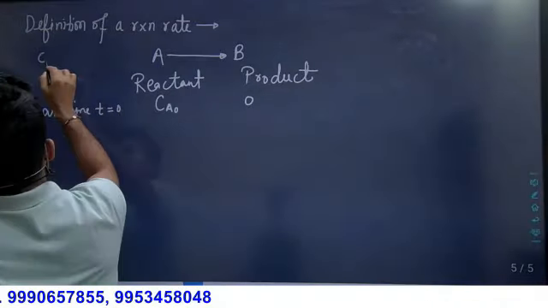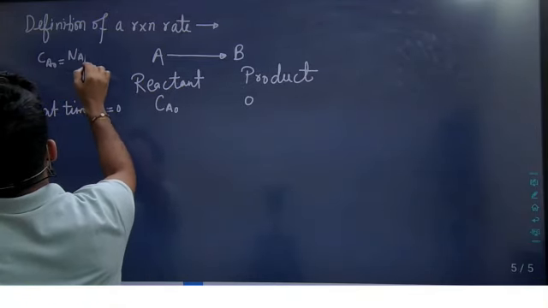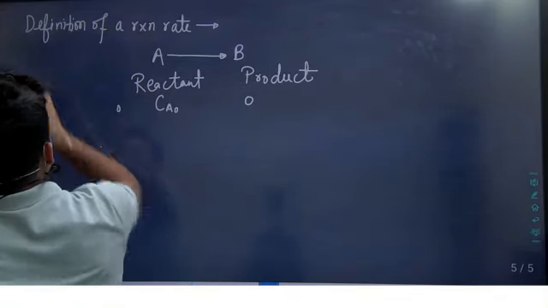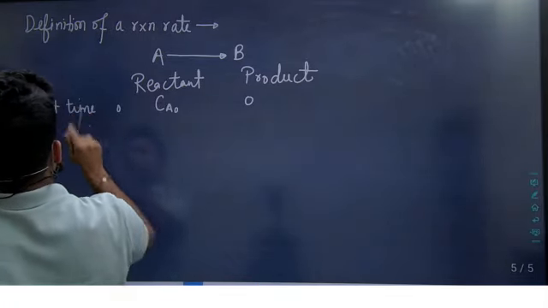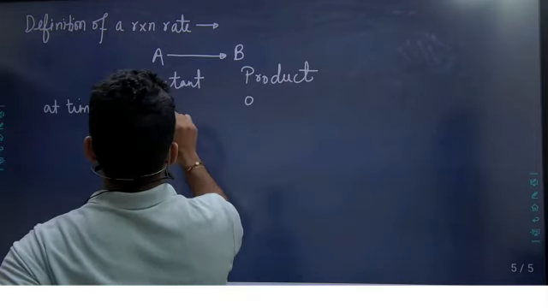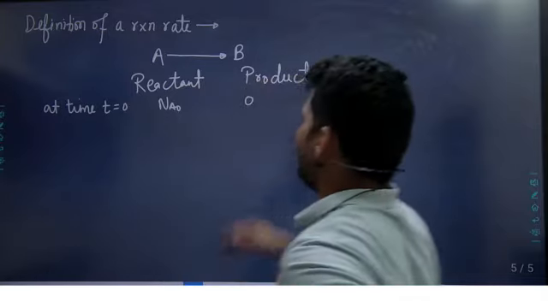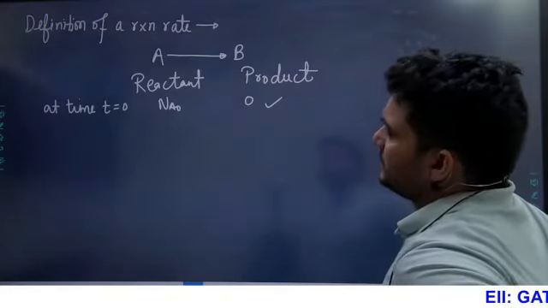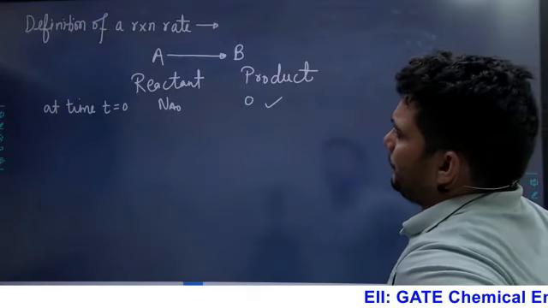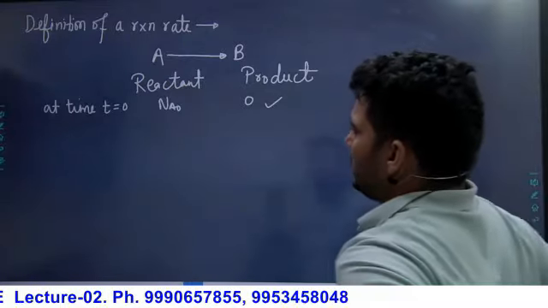Concentration, you can easily find out. In the very start, that will be the concentration of A, or you can write it as Na0 at time t equals 0. We have the moles of A, that is Na0, and moles of B, that is 0. So in the very start there is pure A, the reactant.